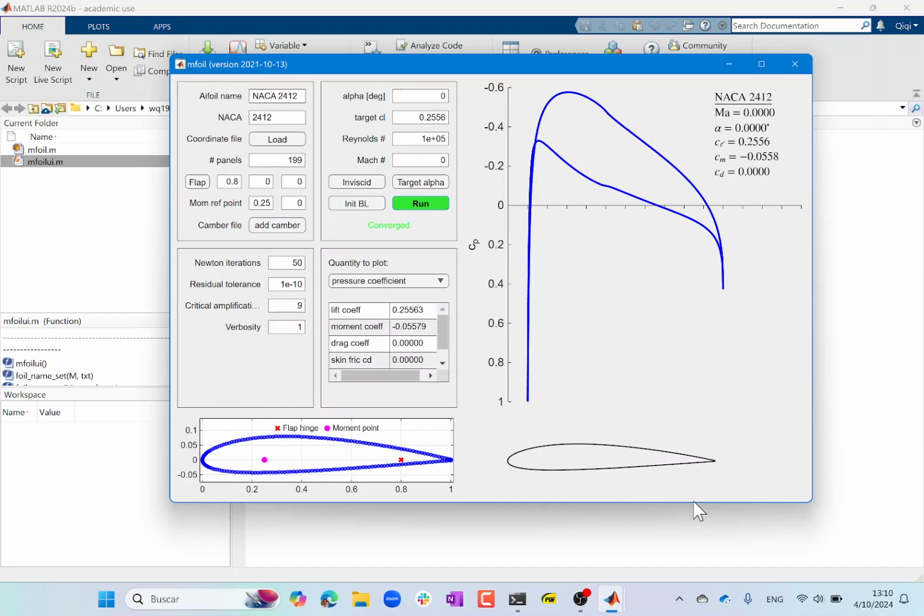Okay, so don't download the source code of Xfoil. Go to download the executable. If you see options like for Unix and Windows, it means it's the source code.